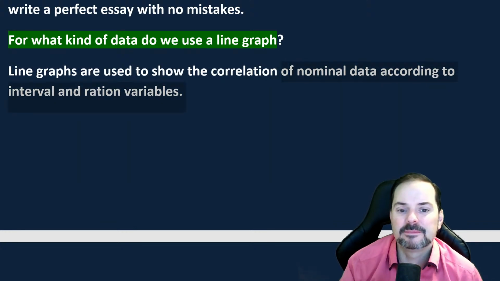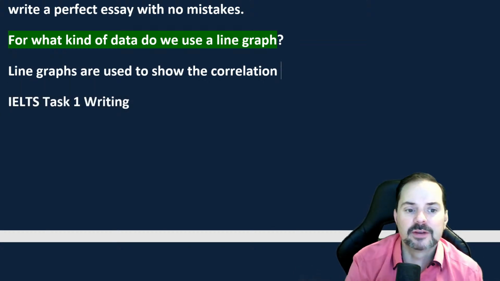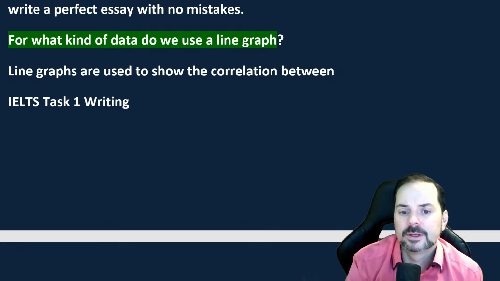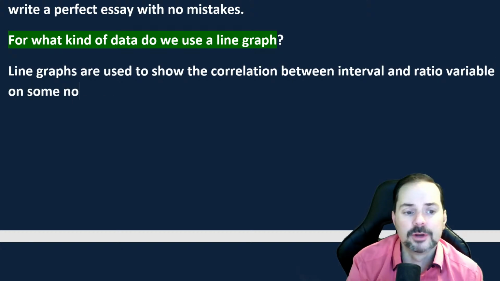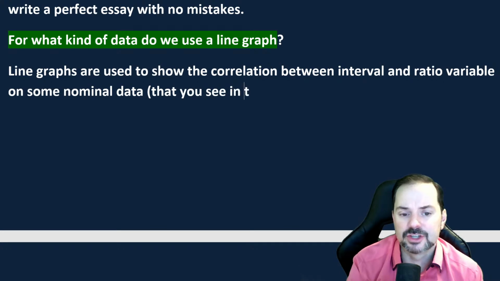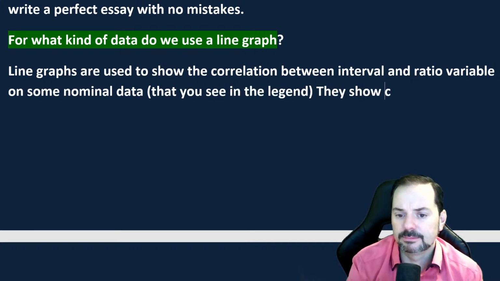Or maybe a cleaner way to write this is: line graphs are used to show the correlation between interval or ratio variables and ratio variables on some nominal data that you see in the legend. They show continuity, so change over time.